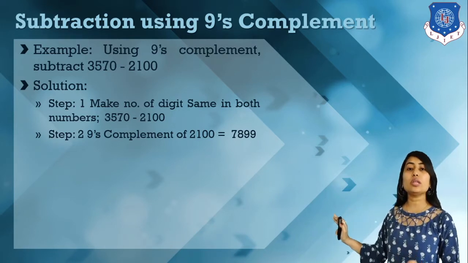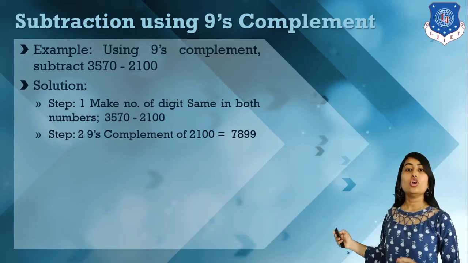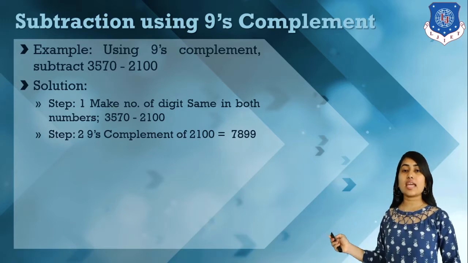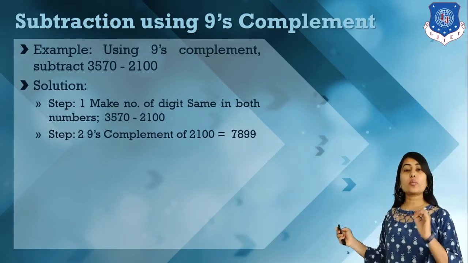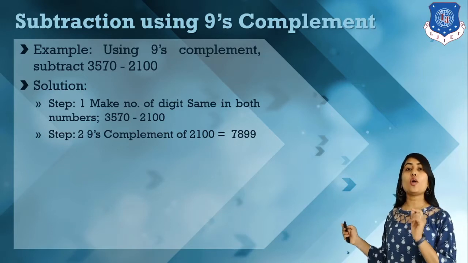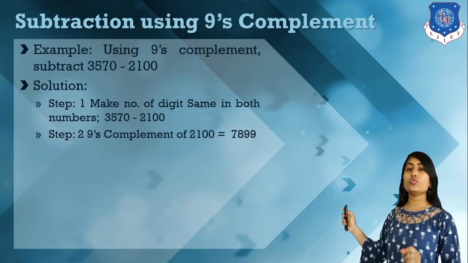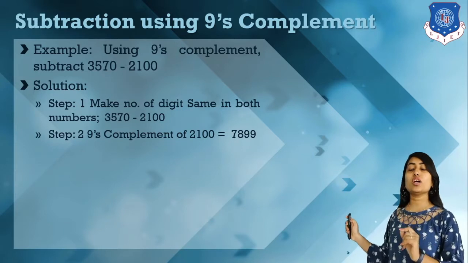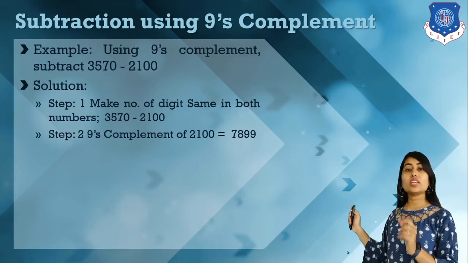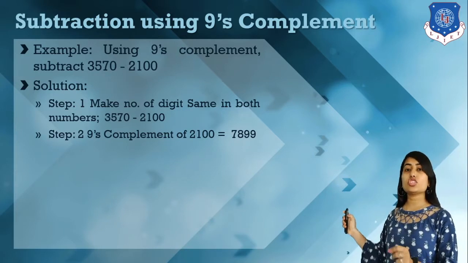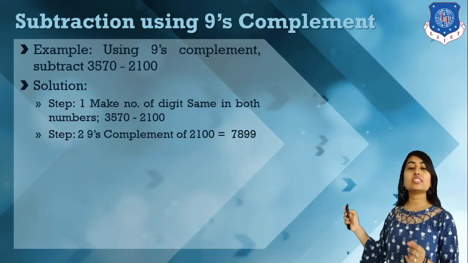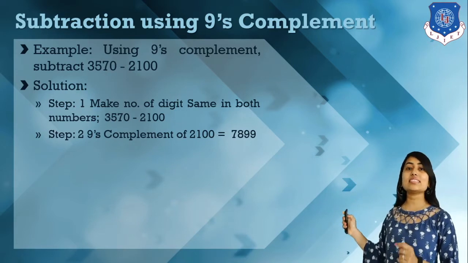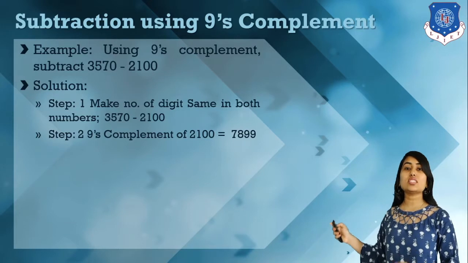We calculate it by subtracting all the digits from 9. 9 minus 2 is 7, 9 minus 1 is 8, 9 minus 0 is 9, 9 minus 0 is 9. So 7899 is the 9's complement of 2100.